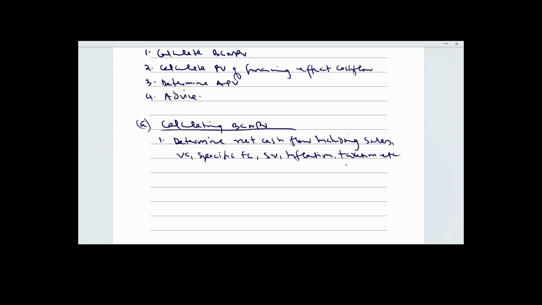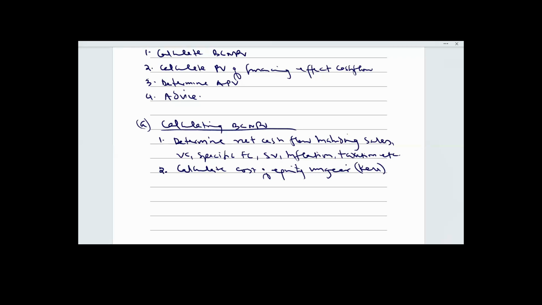Then step 2 is to calculate cost of equity on gear, Keu. Remember, I said that the base case NPV is assumed that the company is solely financed with equity.